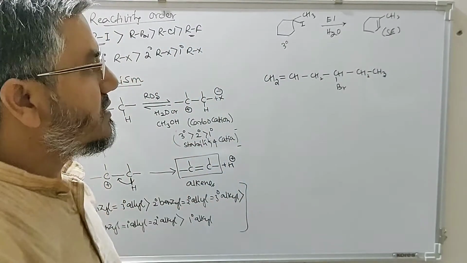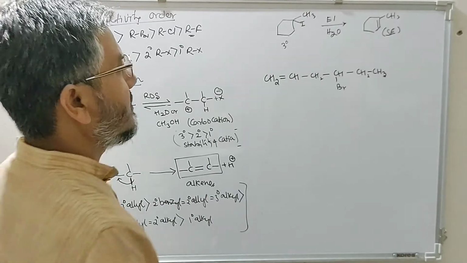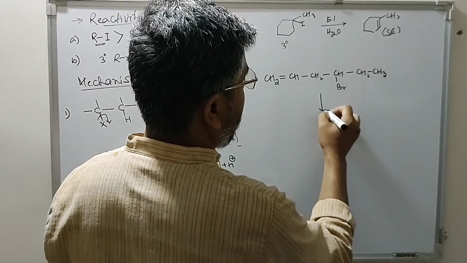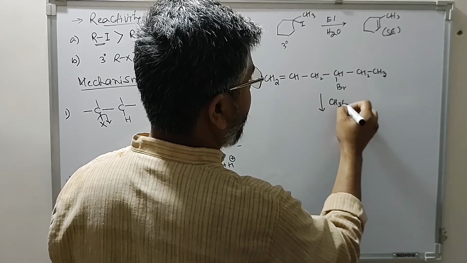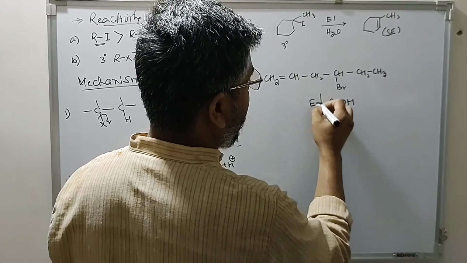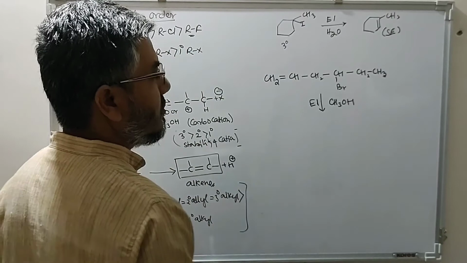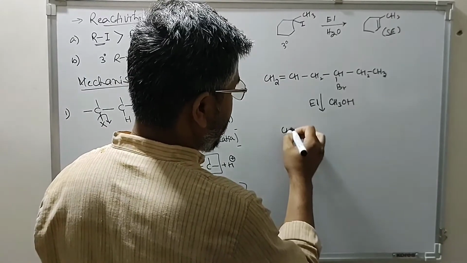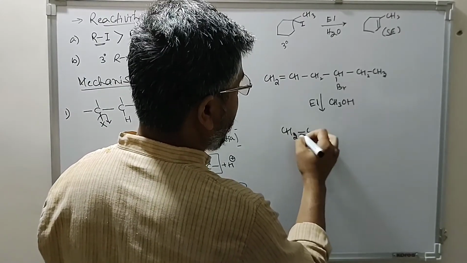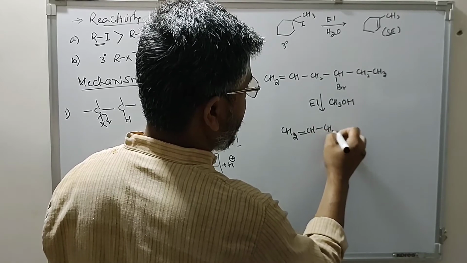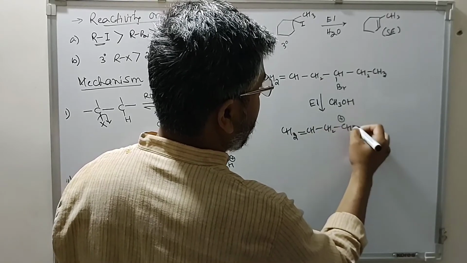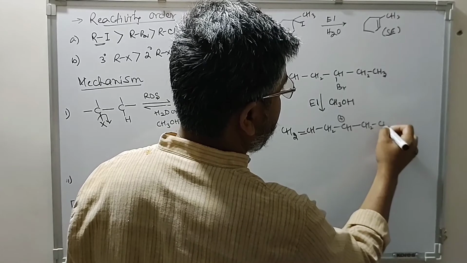Now we are starting with this compound. This compound reacts with methanol under E1 condition. Now in the first step, look at this. There is a formation of a cation, CH2, CHBr, CH2 and CH3.